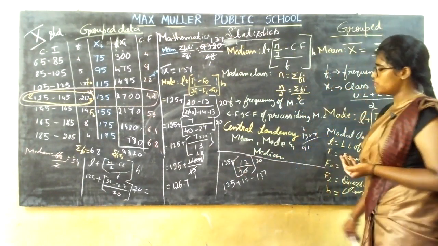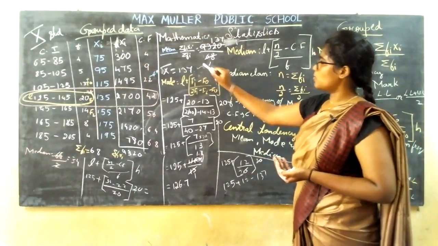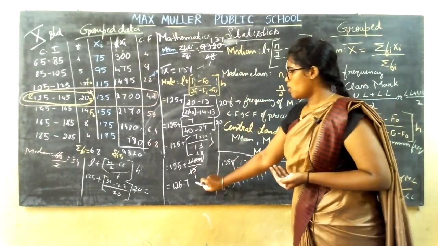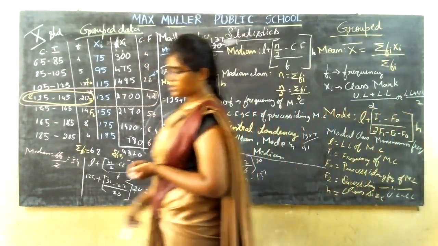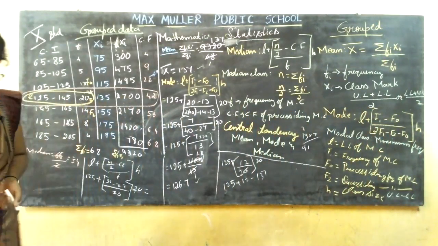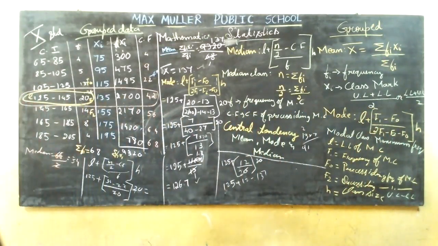So you can observe mean 137, mode 126.7 and median is also 137. So they have asked all the three. Let me check if my answer is correct or wrong. So what is the exercise number 3.1?